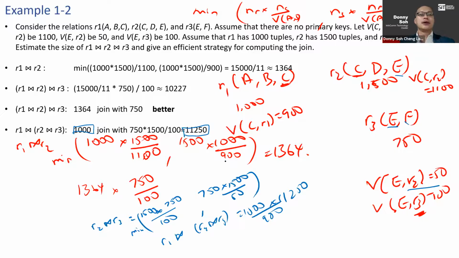Apparently this join seems to be cheaper than this one, and so this is the better option.